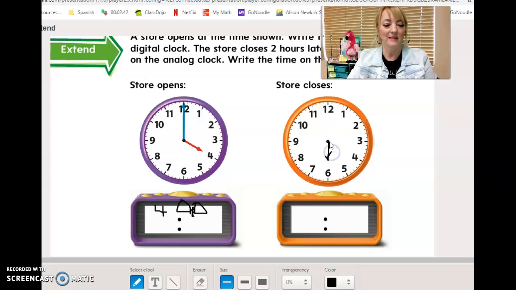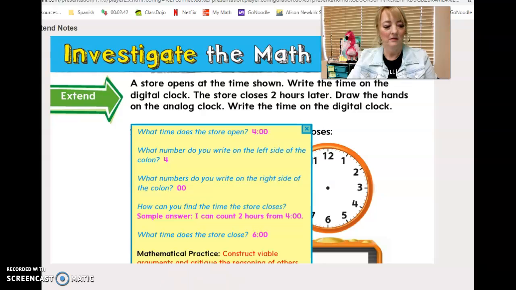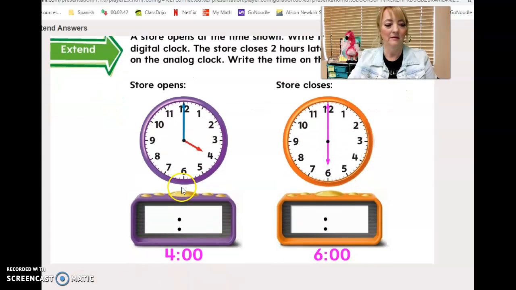The store closes at 6 o'clock. 6 colon 0, 0. That means brand new hour starting. So here we have our digital times that we already wrote.